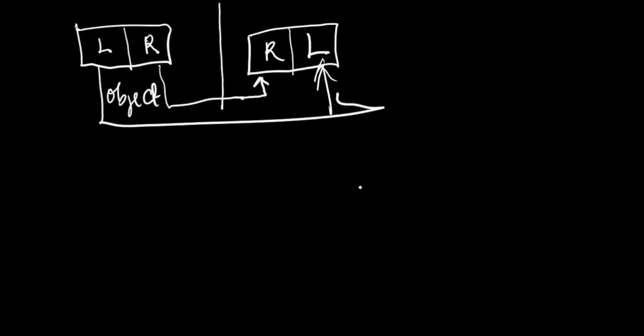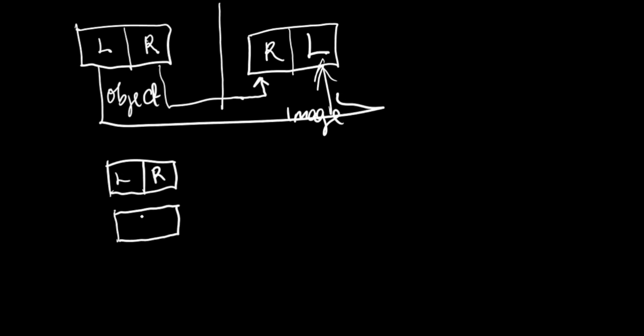Now, let's try to see if we can superimpose this image onto one another. So we have our object here, and then we have our image here. Let's try to superimpose them. Let's bring down our object, which has LR, and now let's bring our image, which has RL.